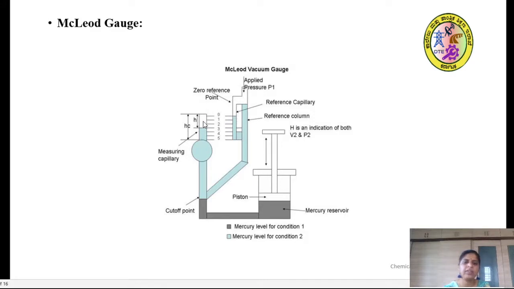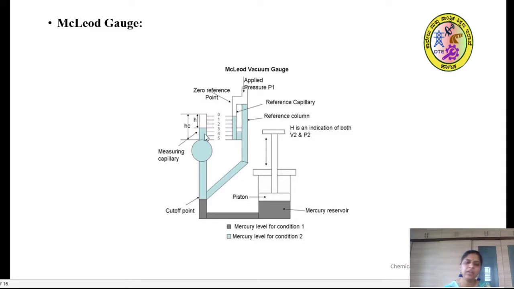This is the height difference of the mercury after the operation. It is shown here, the H and the HC, before and after the change in the level of the mercury. HC minus H is the level of the mercury in the tube.